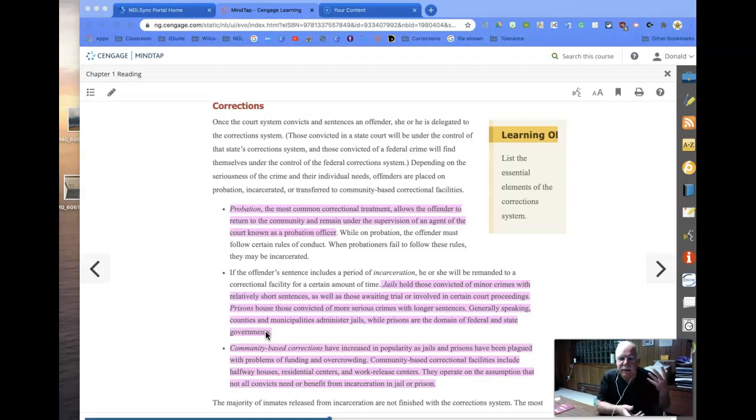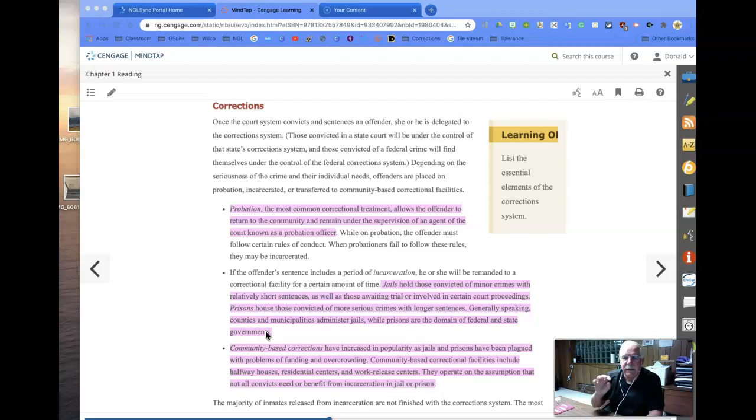So that is our second element, incarceration. There's a difference between jails and prisons. Jails are short-term. In Illinois, jails house individuals up to 364 days. If you're sentenced to longer than a year, you will go to a prison system. The prison system is usually much more secure, much more harsh.